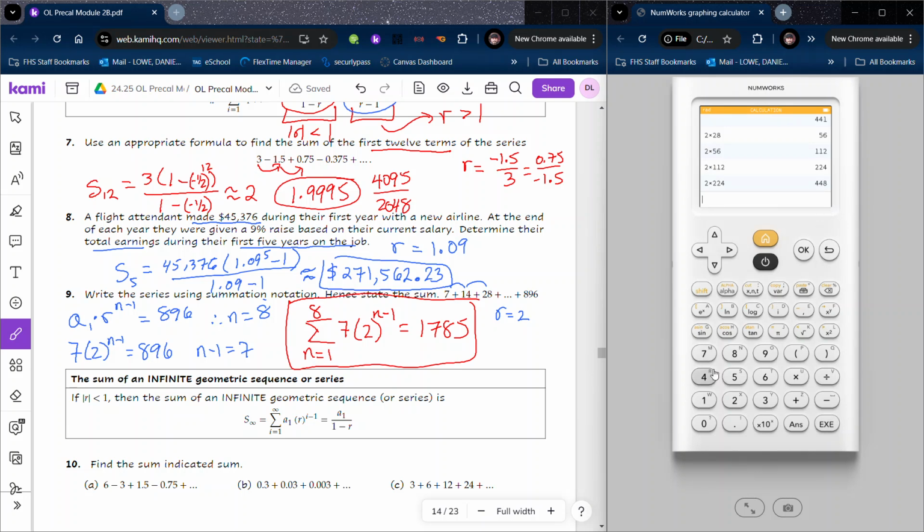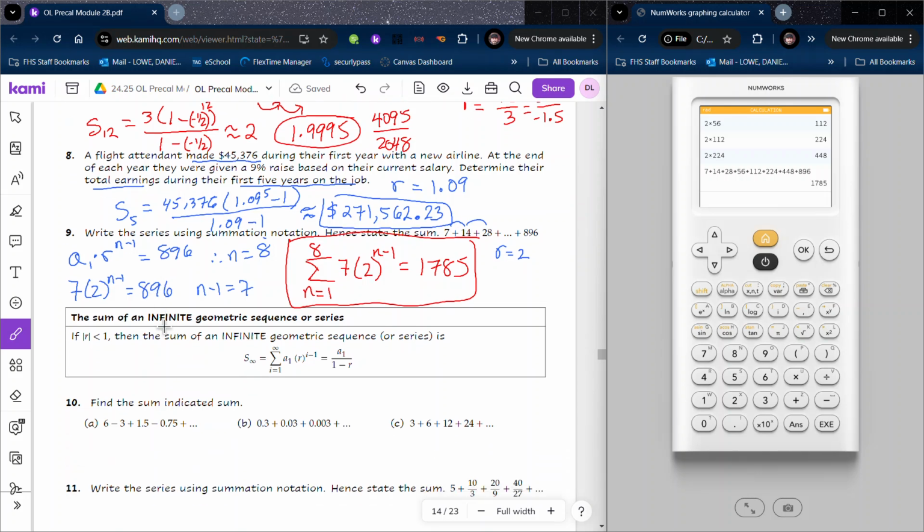So really what we have is 7 plus 14 plus 28 plus 56 plus 112 plus 224 plus 448 plus 896, and that gets me to 1785. I'm sure if it was more than 8 terms, that would become a lot harder to do. So notice this one, you had to write the summation and then use that summation to find the total sum.